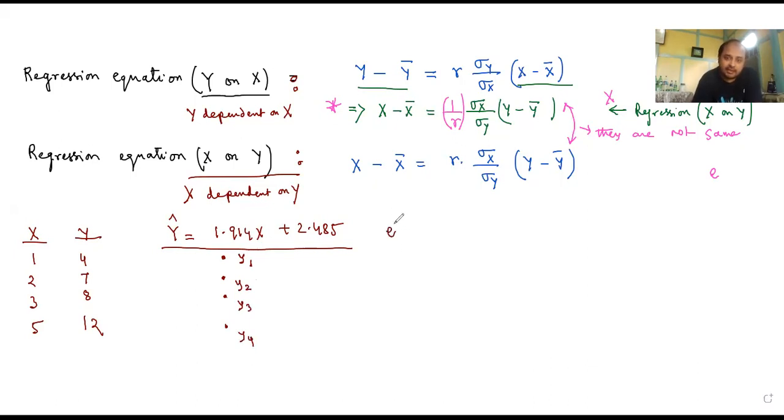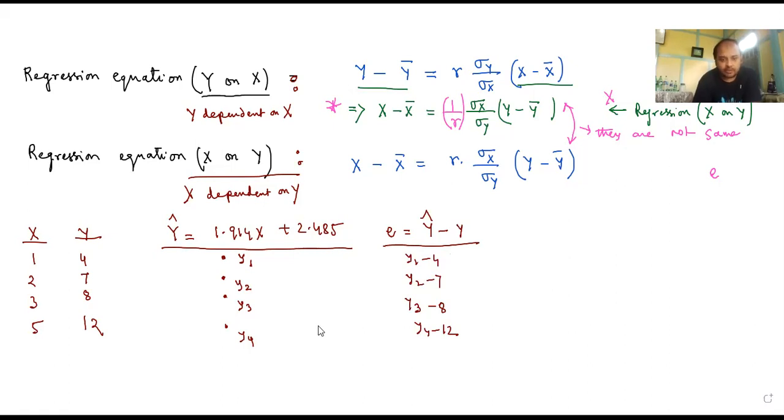Then E, which is called the error term, is actually the difference between the estimated value and the observed, actual value. So the differences y1 minus 4, y2 minus 7, y3 minus 8, and y4 minus 12 will give you the error term.